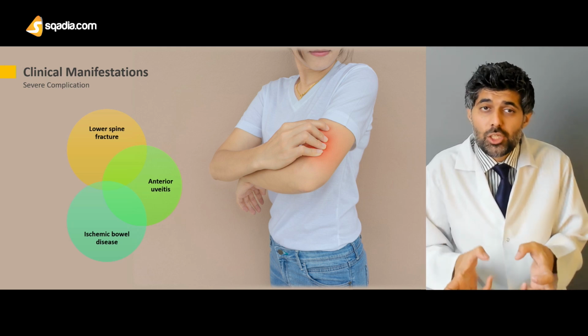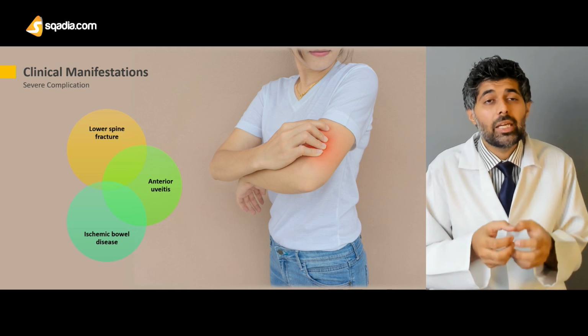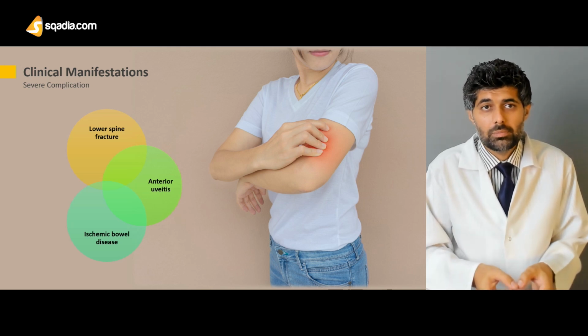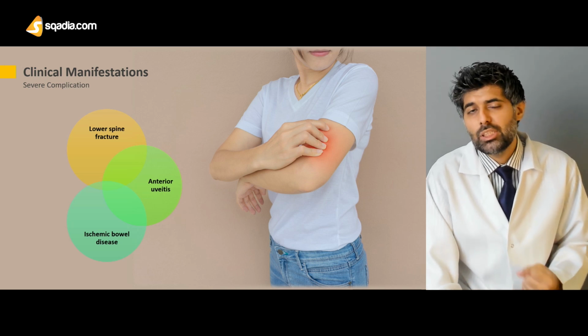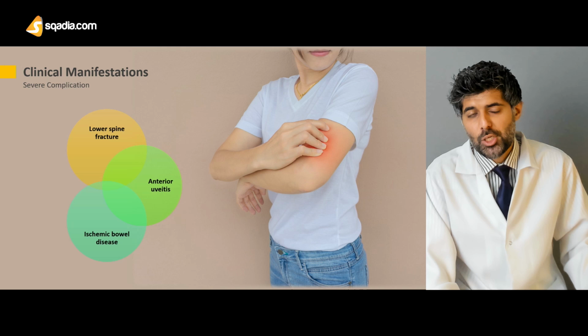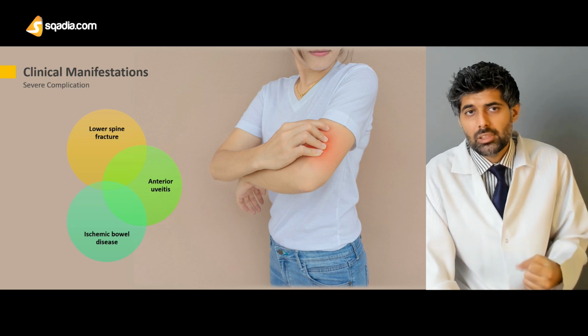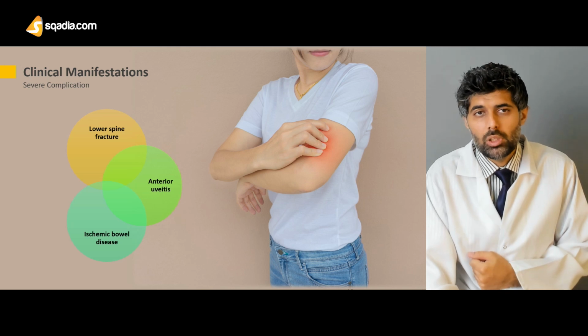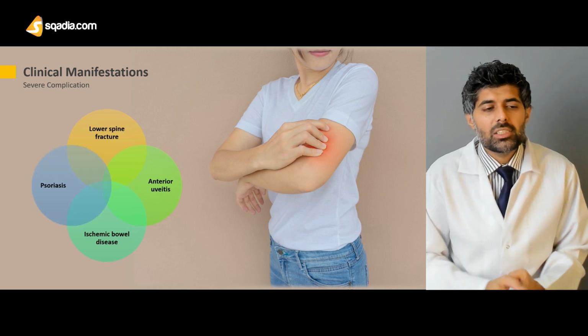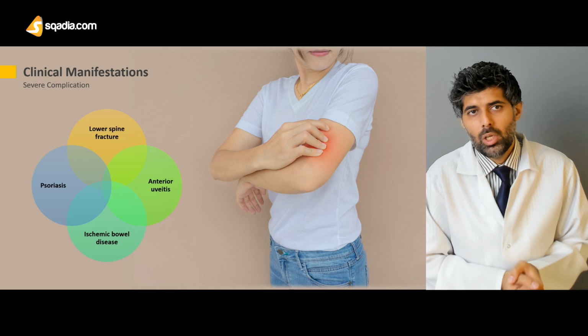Why? Because they share the same common inflammatory elements. Now, if ischemic bowel disease is more pronounced in a patient with ankylosing spondylitis, it is termed as an enteropathic ankylosing spondylitis.